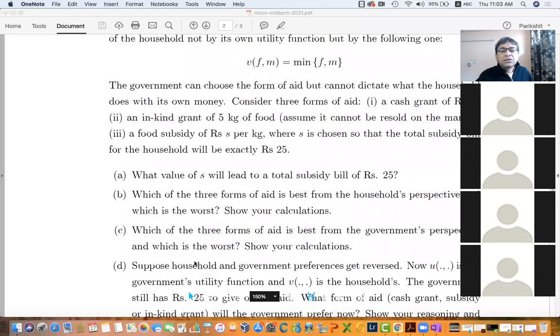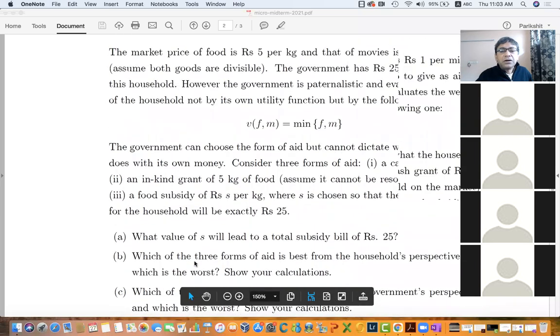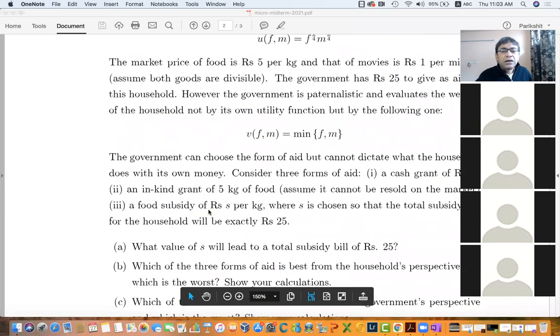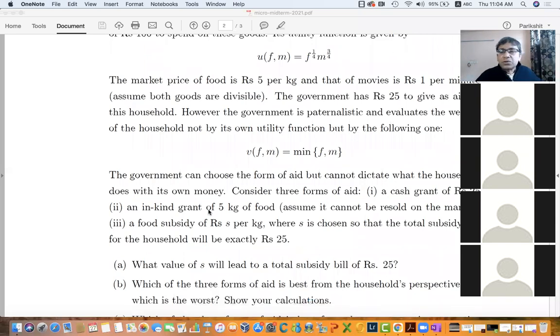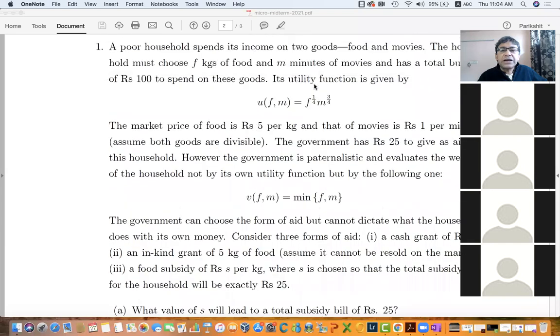Let's discuss conceptually how to go about solving this problem. You take each form of aid. First, you take a cash grant. Taking that as given, cash grant means what changes for the household? Their income gets bumped from 100 to 125.